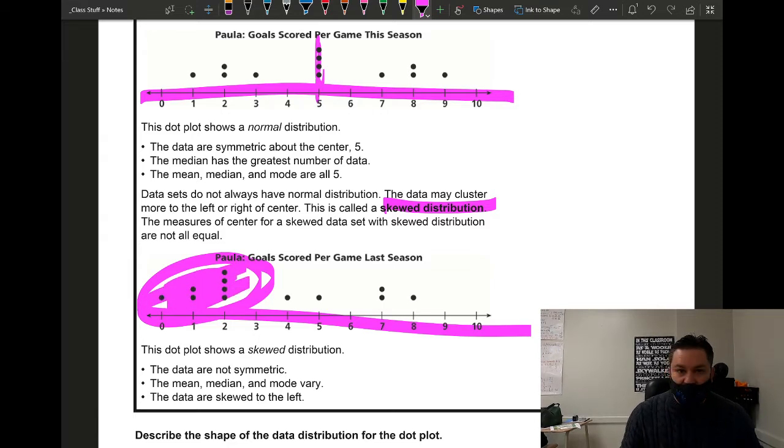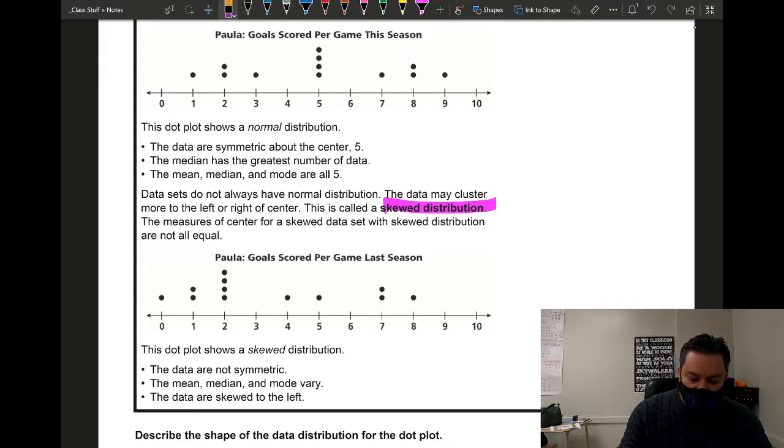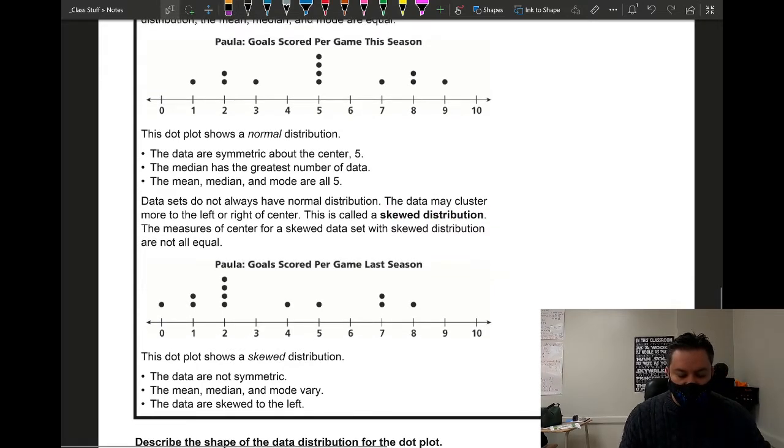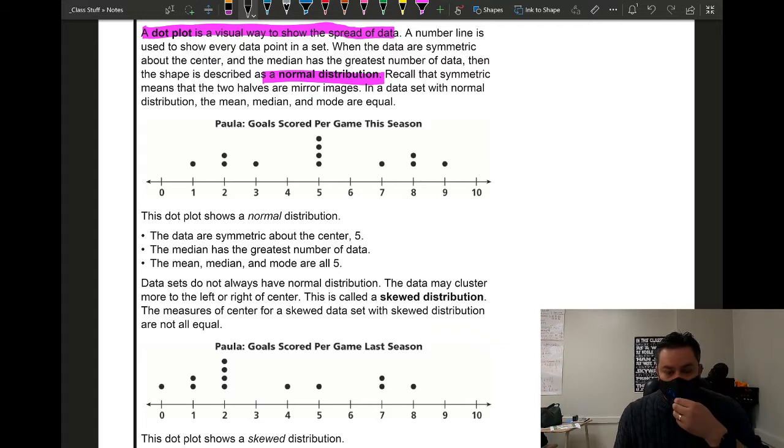Now, how do you find the mean, median, and mode? Let's look at some examples right here on the normal distribution, and it applies the same thing for the skewed distribution. To find the median, this is what you're going to have to do. You're going to come to the left, and you're going to come to the right and start taking dots away.